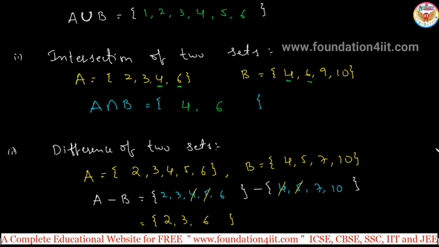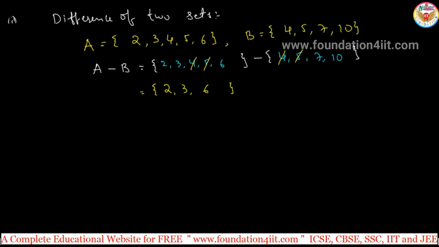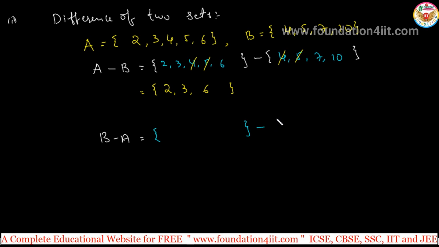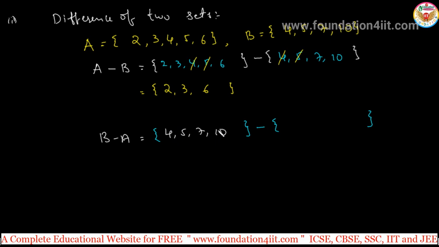That's A minus B. Similarly, A minus B and B minus A are not the same. If you want B minus A, from set B, the elements which belong to A should be removed. If A and B are two given sets, then we can make the difference A minus B. Now let us take B minus A, so set B is written first, followed by set A. B has 4, 5, 7, 10 and A is 2, 3, 4, 5, 6.